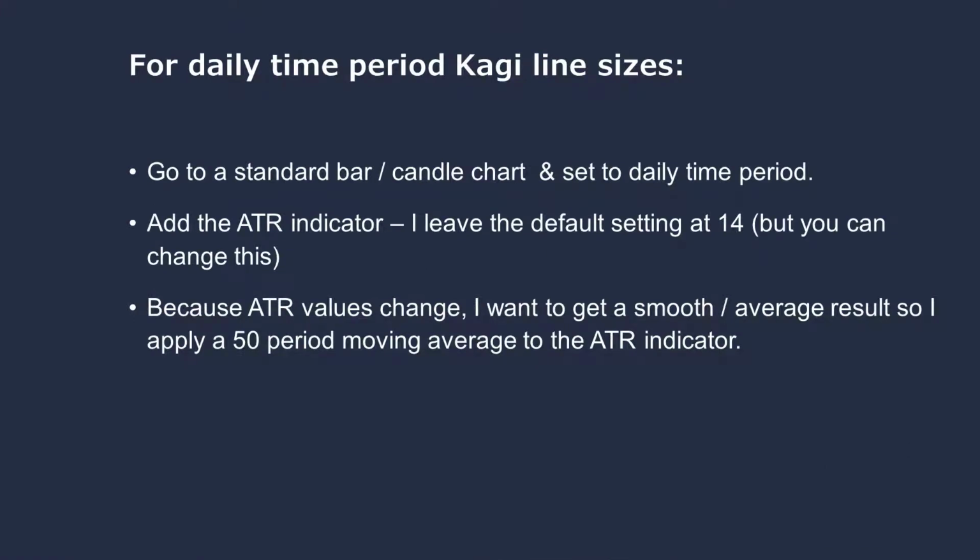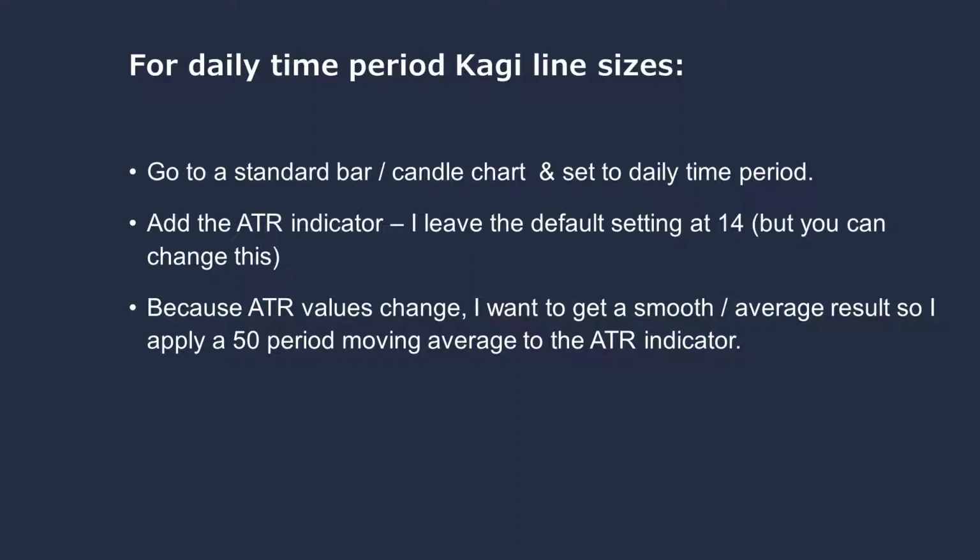So let's start from a daily time period point of view on the Kagi line size approach, and the first thing we need to do is get our bar or candlestick chart set up to that daily time period. We go through that same ATR approach as before.